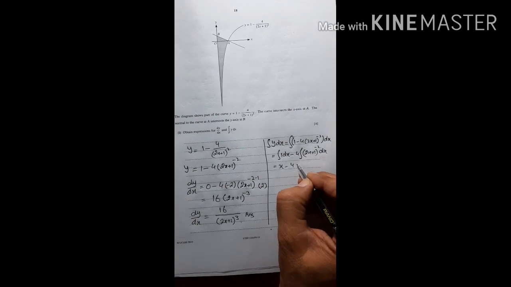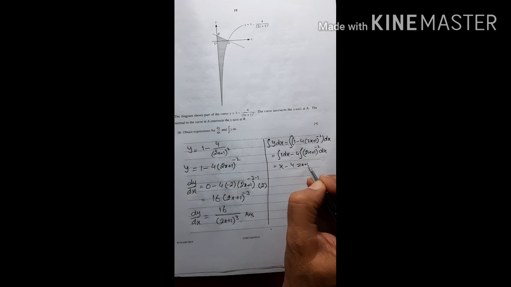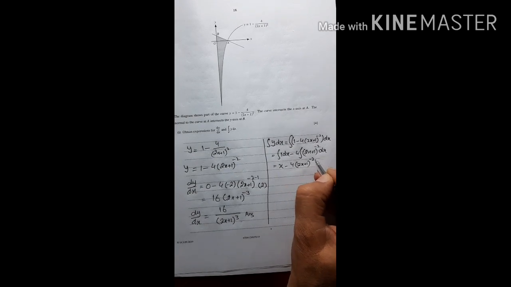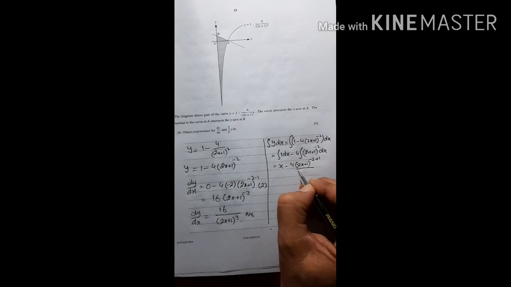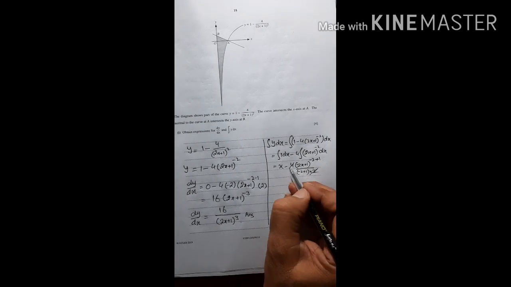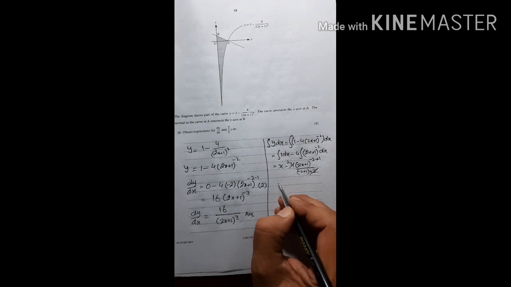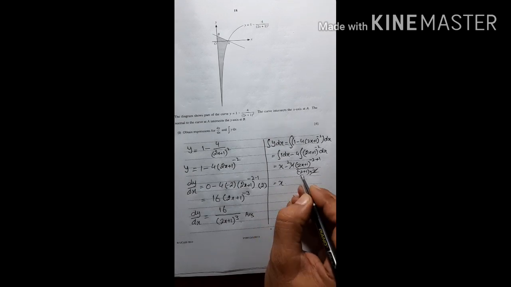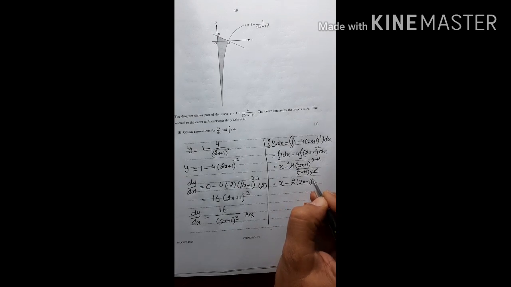This is my 2x plus 1 power minus 2 plus 1 over minus 2 plus 1 into the derivative of this inner term, which is 2. So this 2 will cancel this 4 by 2. It becomes x, this minus x 2 into 2x plus 1 power minus 1 over minus 1.